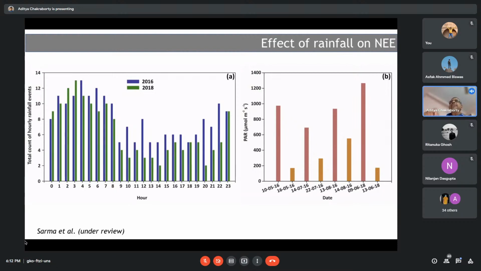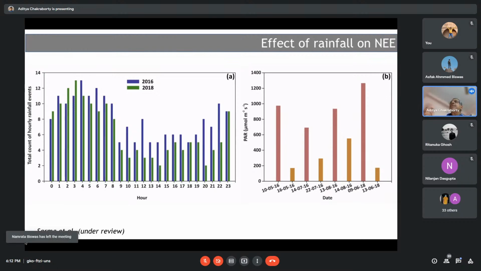If it rains mostly during the daytime, the radiation is less because of more cloud coverage. But if it happens during the night or evening, and the daytime is relatively free of rainfall, you have more radiation, as well as an adequate amount of water because it rains during the night.